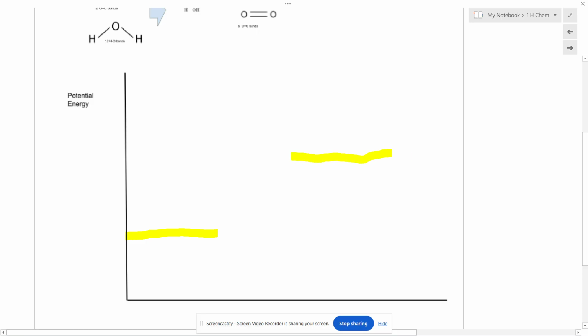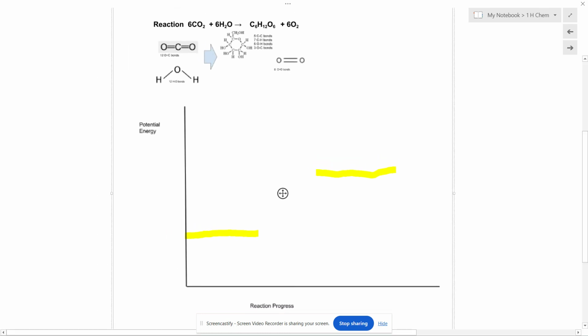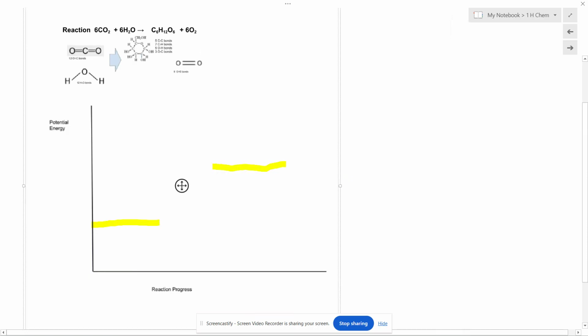In other words, the products of photosynthesis, glucose and other things, the product is going to contain more energy than the system had to begin with. And that energy came from the sun, and it's captured in the glucose molecule. So you have those things you can work on. I think I'm going to maybe stop the video there, and I may give you a still picture of some of the other things you might need.